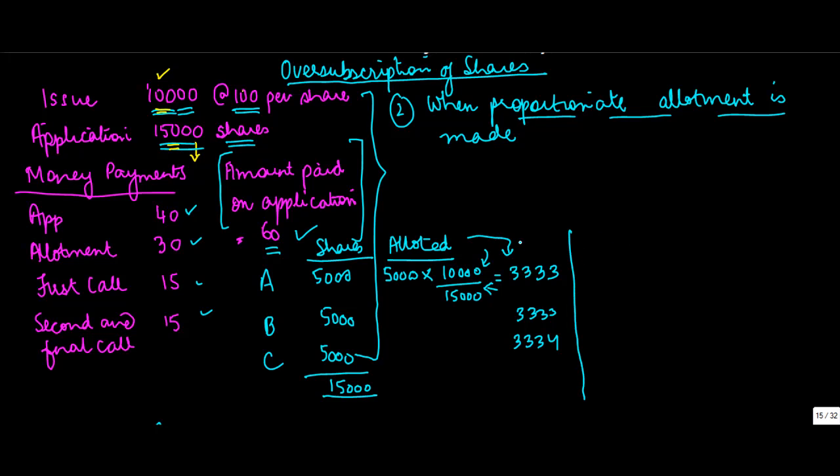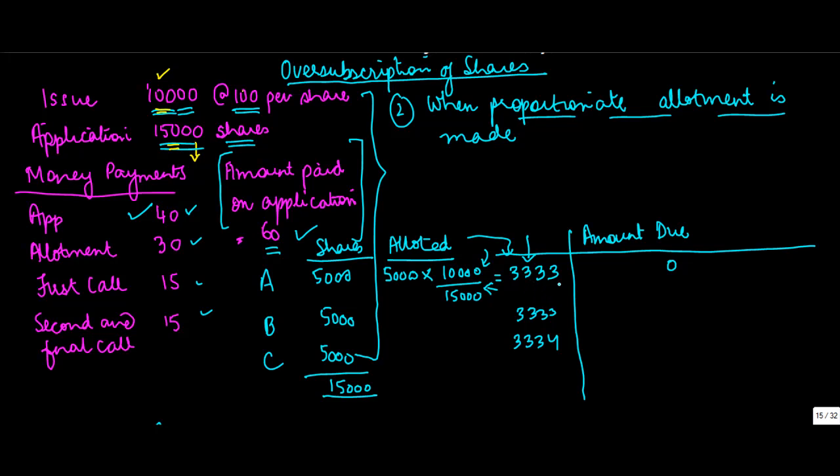Now on these many shares allotted, how much was the amount due? It was 40 into the number of shares allotted, right? So if you multiply 40 with this, what do you get?